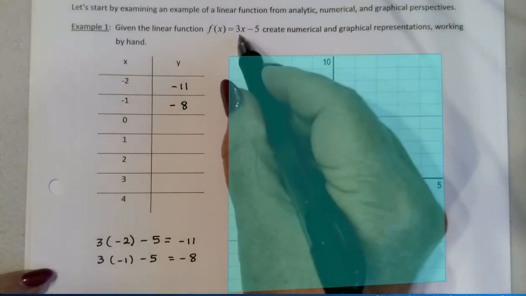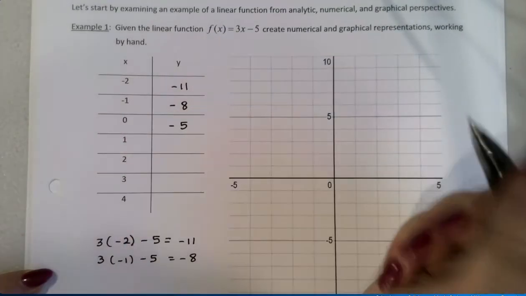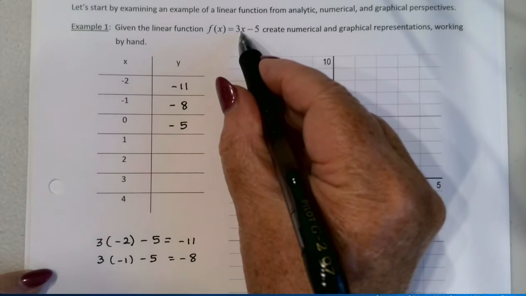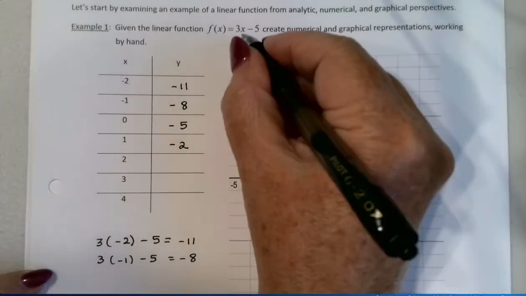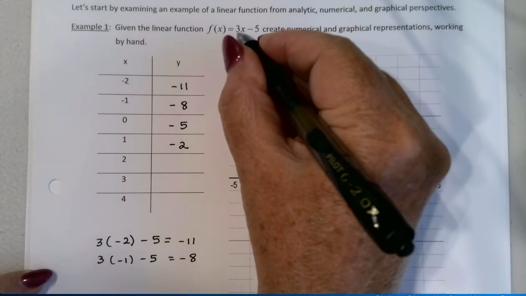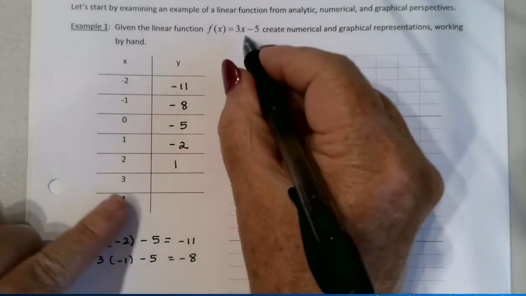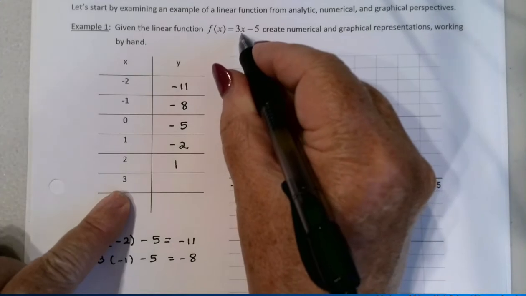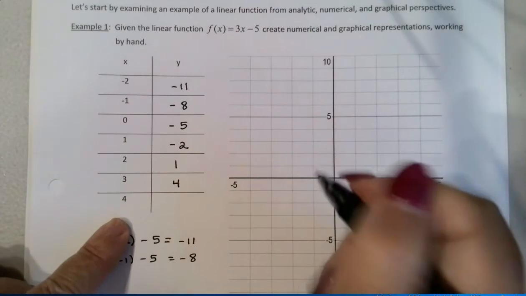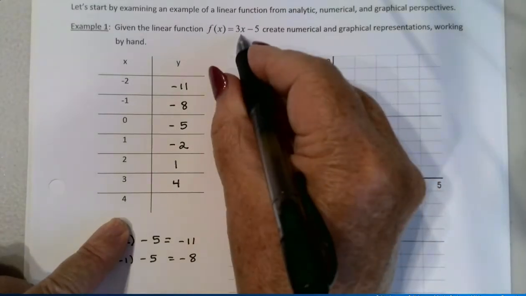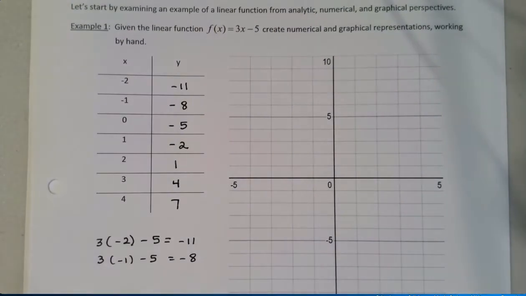When x is 0, 0 minus 5 is -5. When x is 1, 3 minus 5 is -2. When x is 2, 3 times 2 is 6, minus 5 is 1. Plugging in x equals 3 is going to make that 9 minus 5, or 4. And plugging in x equals 4, 12 minus 5 would be 7. Just a little bit of arithmetic there.